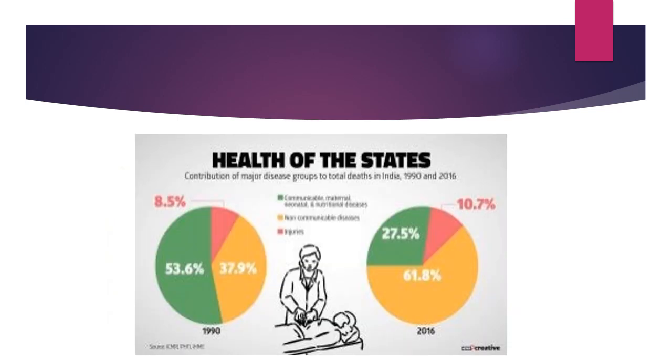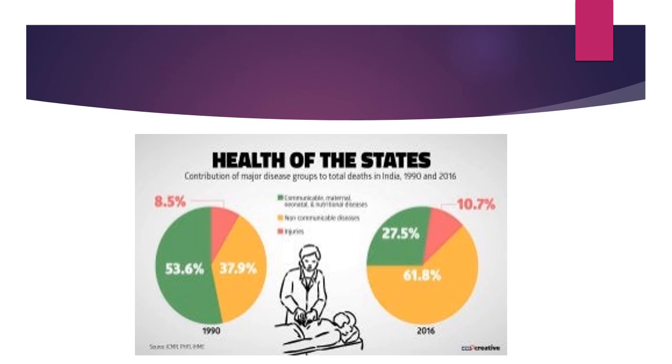And this is the health of the state, showing how the changes happened. It is not visible properly, but it shows how it was in 1990 and what changes happened by 2016.